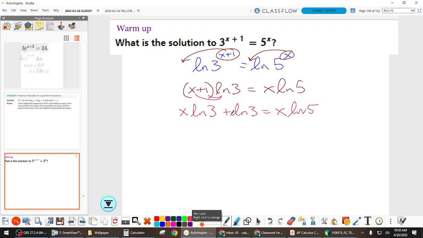Okay. So we need to bring these x's together, and I think I'll probably move it to the right so that I only have to move something once. Otherwise I'd have to move this and then also the natural log of 3.